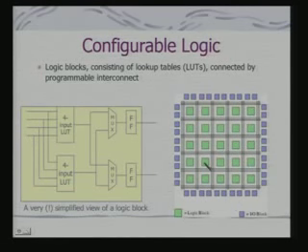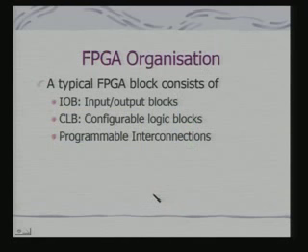In fact, this is showing you an organization where we say that this is a logic block. These are effectively your IO blocks, and these represent the interconnect pattern, and it should be possible for us to program these interconnection patterns. So, typically, an FPGA consists of the following blocks.